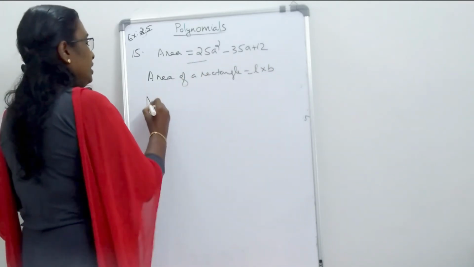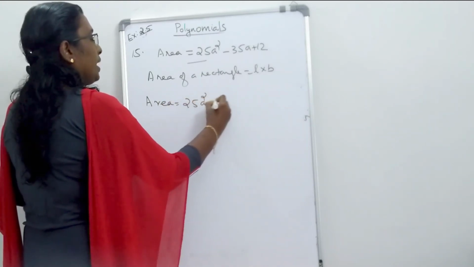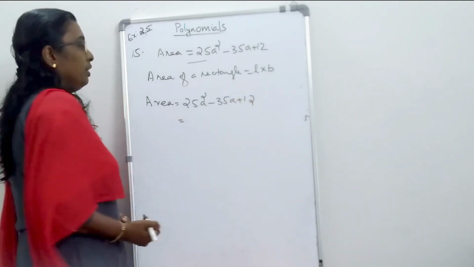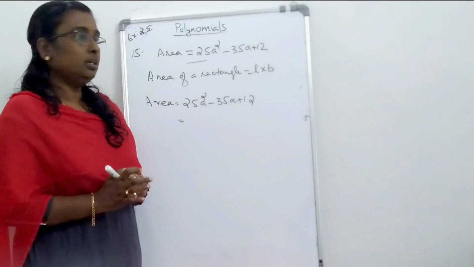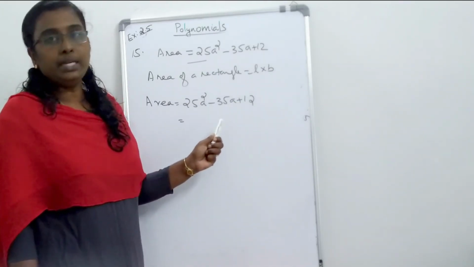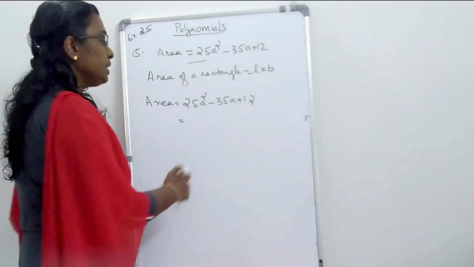The area equals 25a square minus 35a plus 12. We can factorize this expression or polynomial by splitting the middle term. We already studied that.